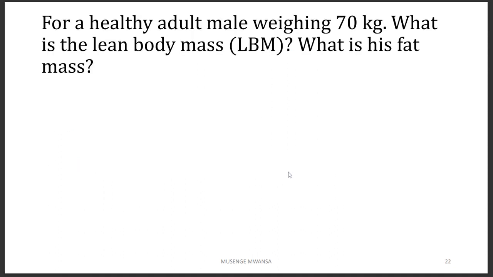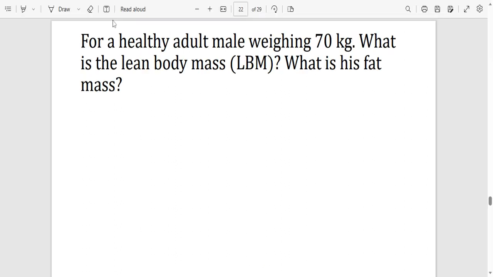All right, let's consider an example. For a healthy adult male weighing 70 kg, what is the lean body mass? What is his fat mass? How do we work out this question? To calculate this, let's first calculate the total body water. I've been told this is a 70 kg man.